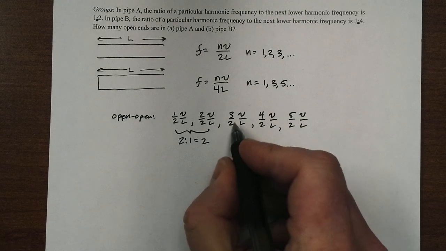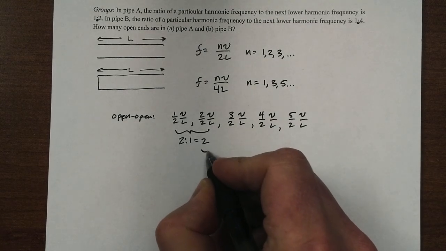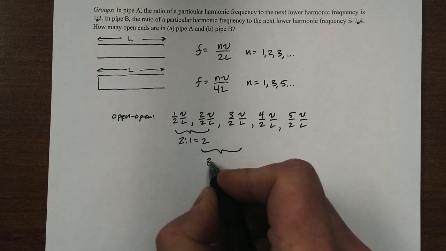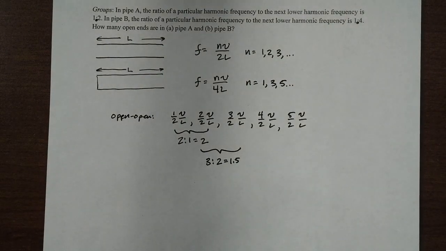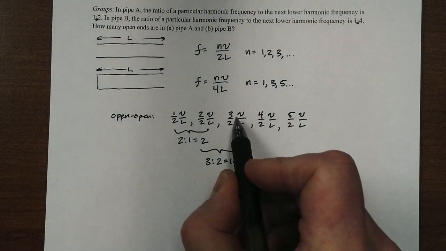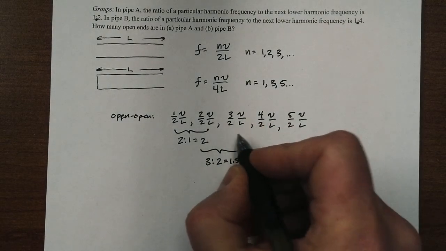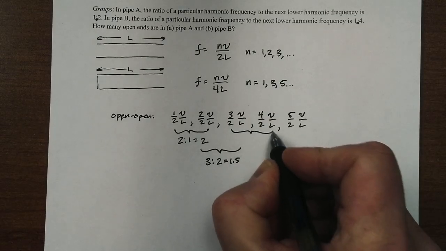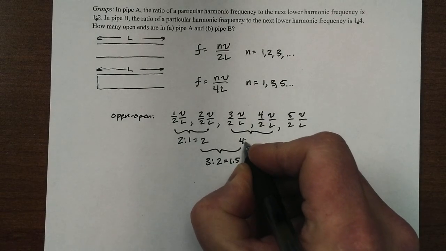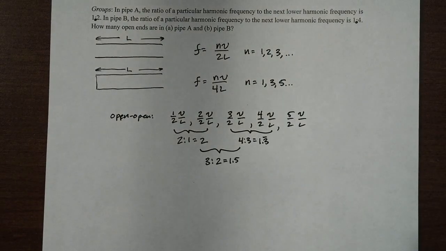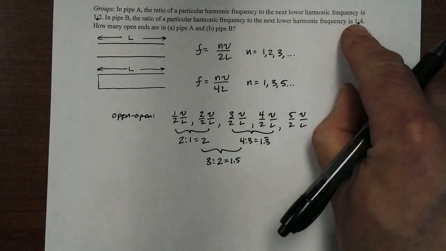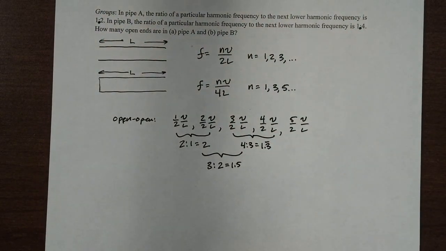The next one, though, is a ratio of 3 to 2, so that's 1.5, and we're getting closer to both of those values, but that doesn't match any. If you look from the third to the fourth mode right here, that ratio is 4 to 3, or 1.3 repeating. So we've passed this option, but we're not yet past that one.